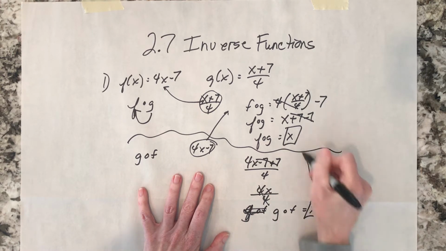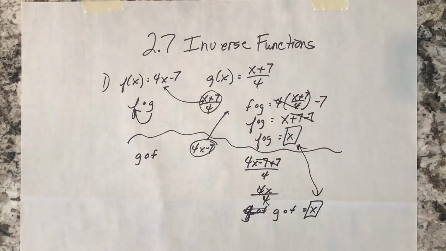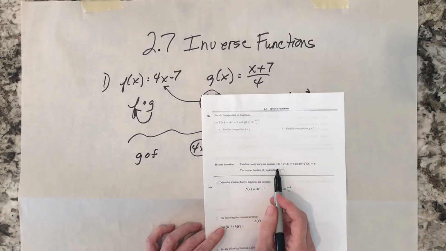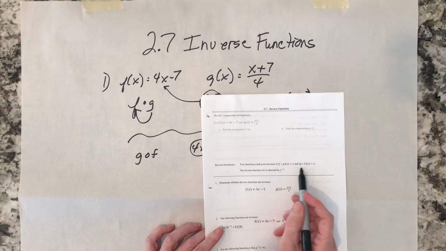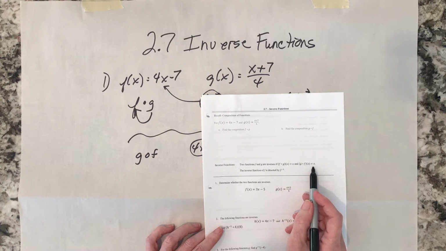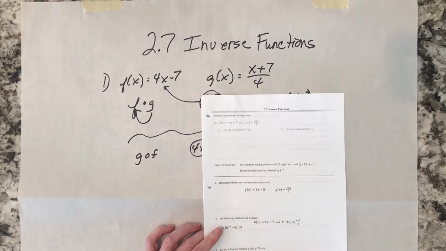That's a big deal right there, that they both end up being x. When they both end up being x, and you can see that in the next line at the middle of the page, two functions, f and g, are inverses if f composed of g of x gives you x, and the flip of that gives you x. The inverse function of f is denoted by f to the negative 1.